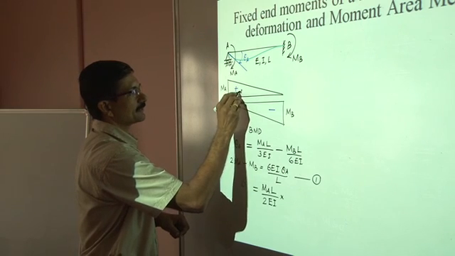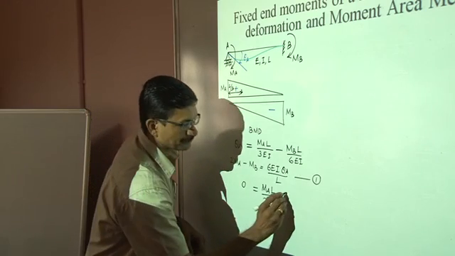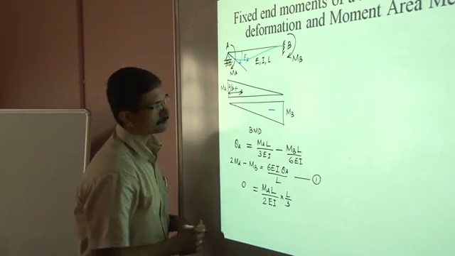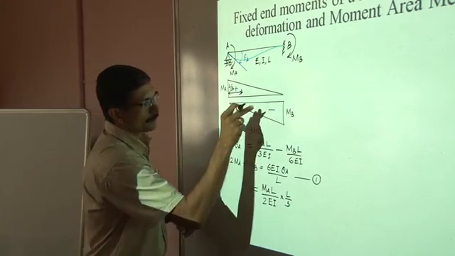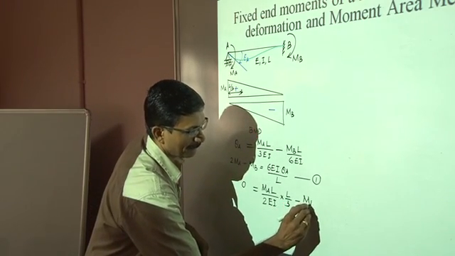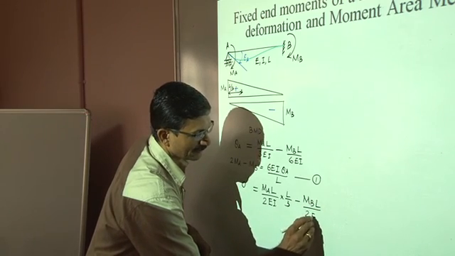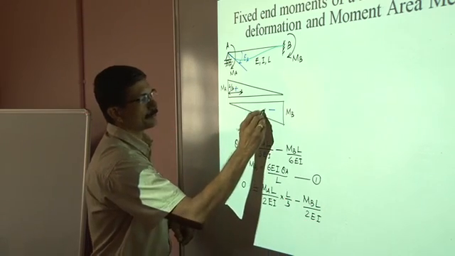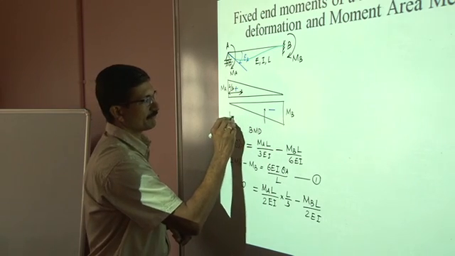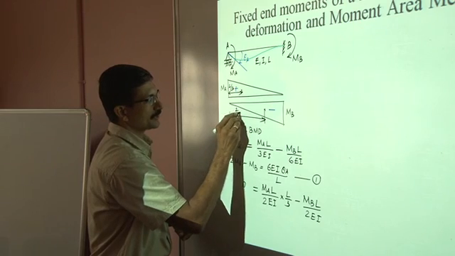This will be L by 3. From this bending moment diagram, we have minus MB L divided by 2EI into distance of centroid from this end will be 2/3 of L.